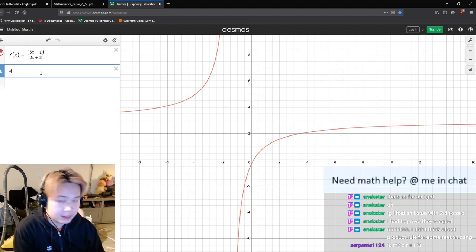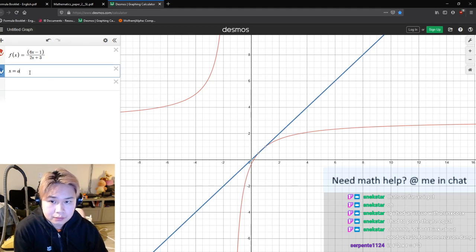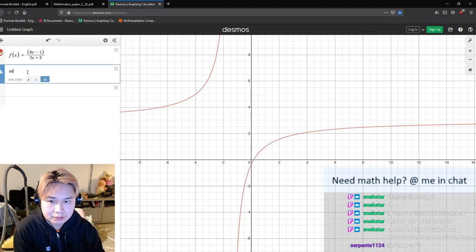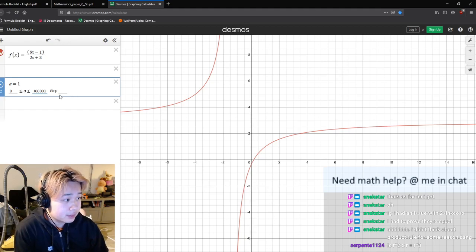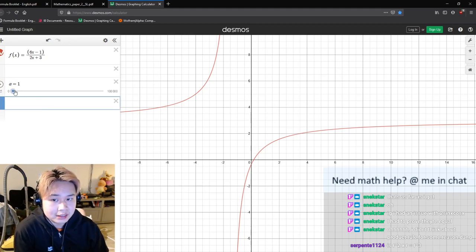And what I'm going to have is a slider. Where's my slider? There it is. Okay, add a slider. And let's just make a go from 0 to infinity, because I'm checking the limit of the function as it goes to infinity. So I can start at an x value of 1 and then drag it up to a decently large sized number.